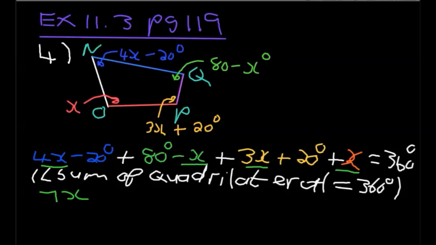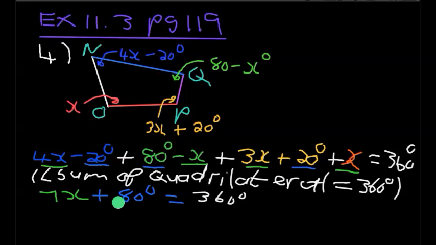We can also add all the constants. We have negative 20, we have 80. Negative 20 plus 80 is 60 degrees, plus 20 degrees is 80 degrees. So we have all in all 80 degrees, and that equals 360 degrees.